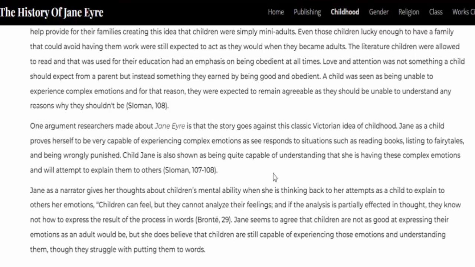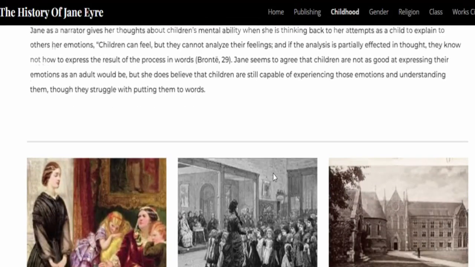In other words, Jane Eyre was coming out in a time in which the idea of childhood was changing, and it brought with it a new idea of what a child could be through the eyes of this child, Jane. And it's just so interesting to compare Jane as a child in this book to the idea of what a child is during the Victorian era in which this book was written.